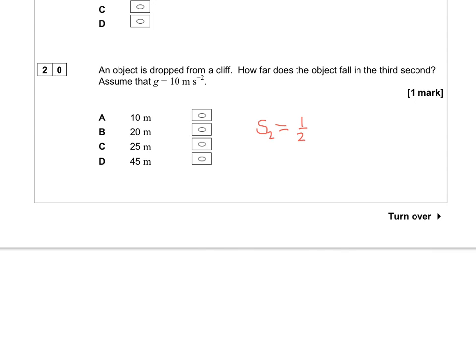Essentially half a, which is 10, times 2 squared, so that ends up being 4 divided by 2 gives you 2, which is 20 meters. The displacement at 3 seconds is going to be half times 10 times 3 squared, which gives you 45 meters. The difference between those is 25, so it's going to be answer C.